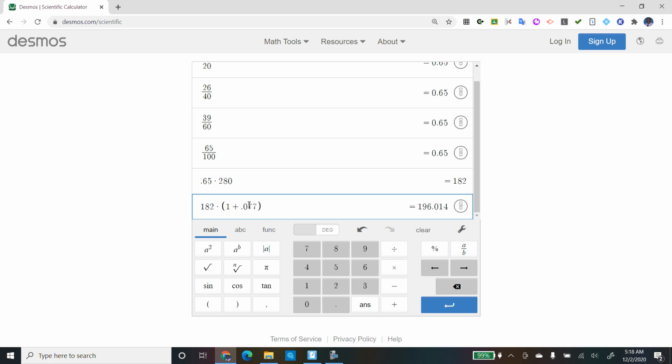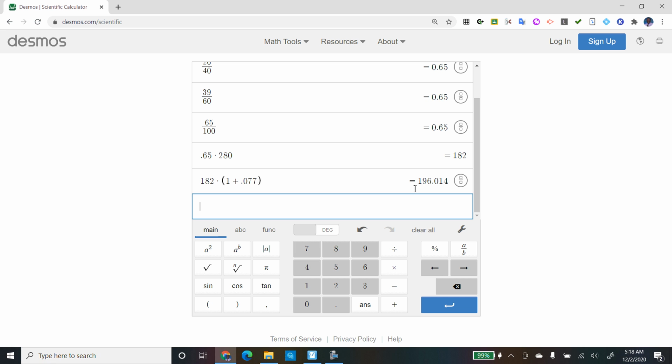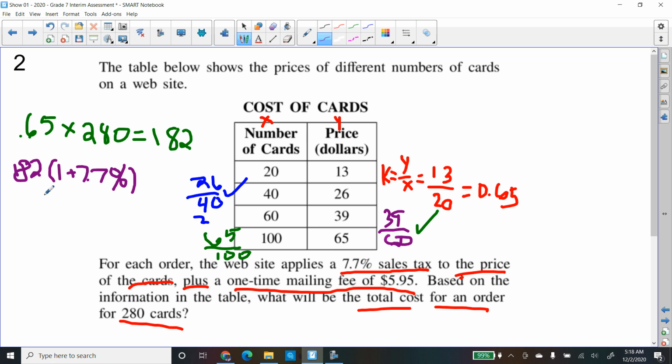So that's 7.7%. I just moved the decimal point two places to the left, and you drop the percent sign. And this will give me what I have to pay, $196.01 basically, for the cards.